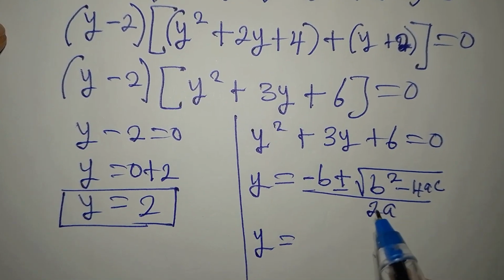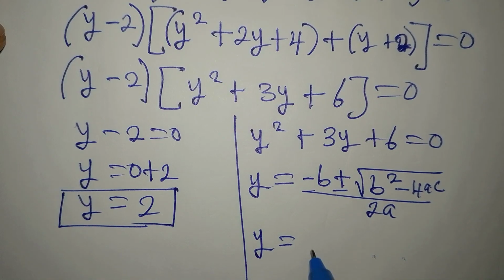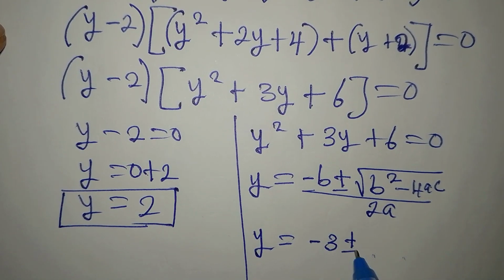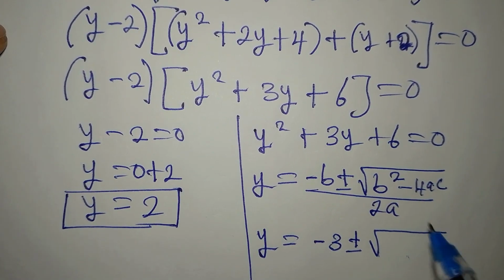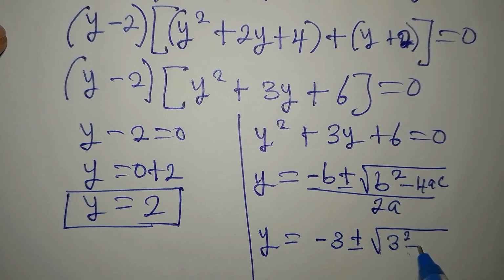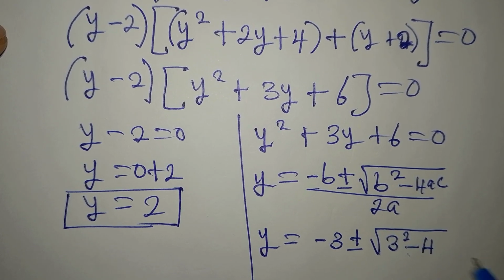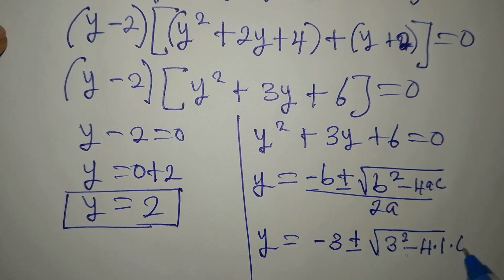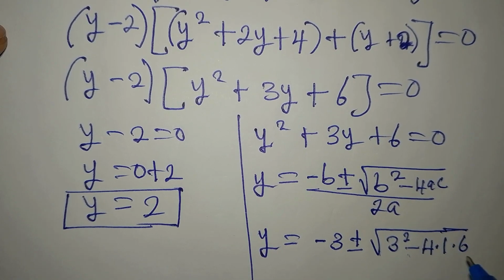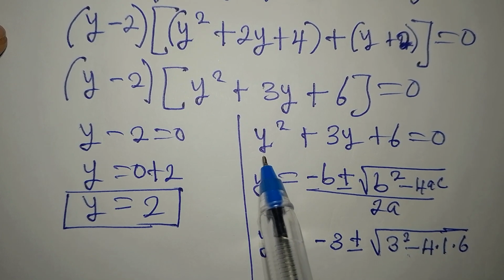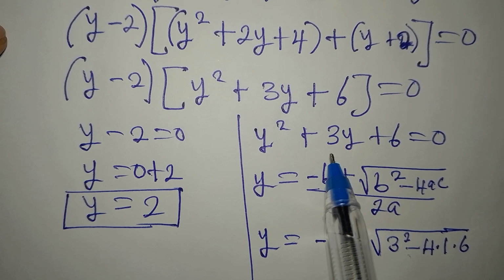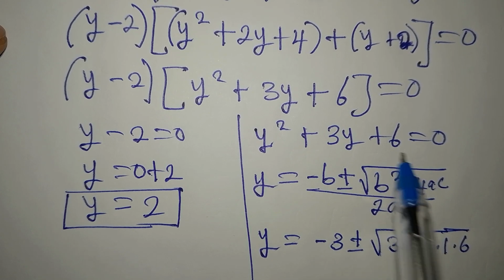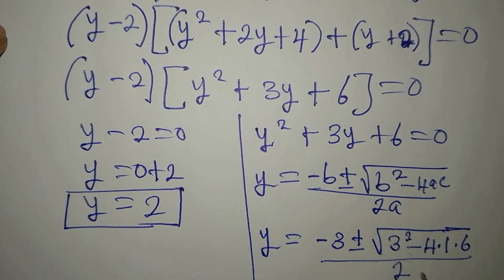Now y is equal to, this minus b becomes minus 3 plus or minus, then we have square root of b squared, that will now be 3 squared, minus 4 times a times c, because a is 1 and c is 6. a is the coefficient of y squared, b is the coefficient of y, and c is a constant, which is 6. So we divide all of this by 2 times 1.